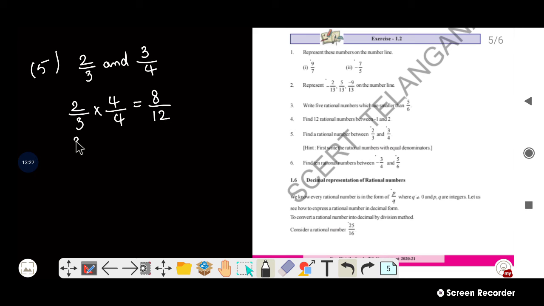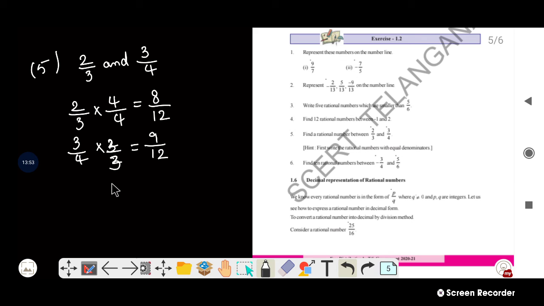So then 3/4. In between the 3/4 I am going to multiply with 2/2, for example. Okay. So what is that? Sorry, 3/3. 3/3 I am going to multiply. So 3 3s are 9, 4 3s are 12.